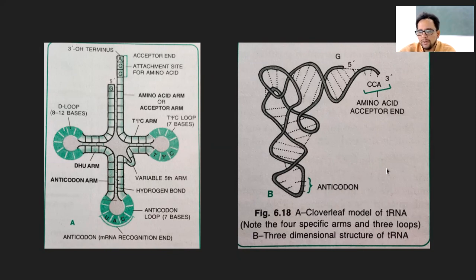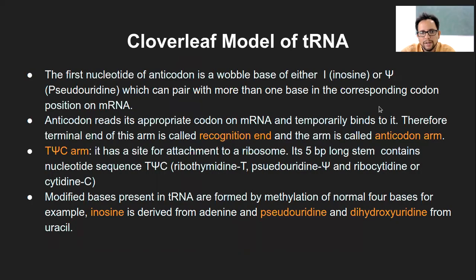Okay, so where were we? Yeah, that is the wobble phenomenon, which, like I said, we will discuss one more time during protein synthesis. Now, the anticodon reads its appropriate codon on mRNA and temporarily binds it.